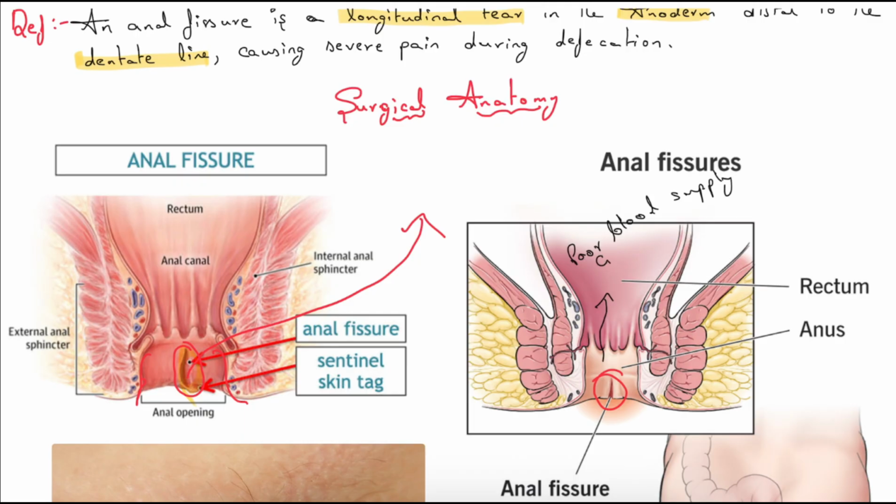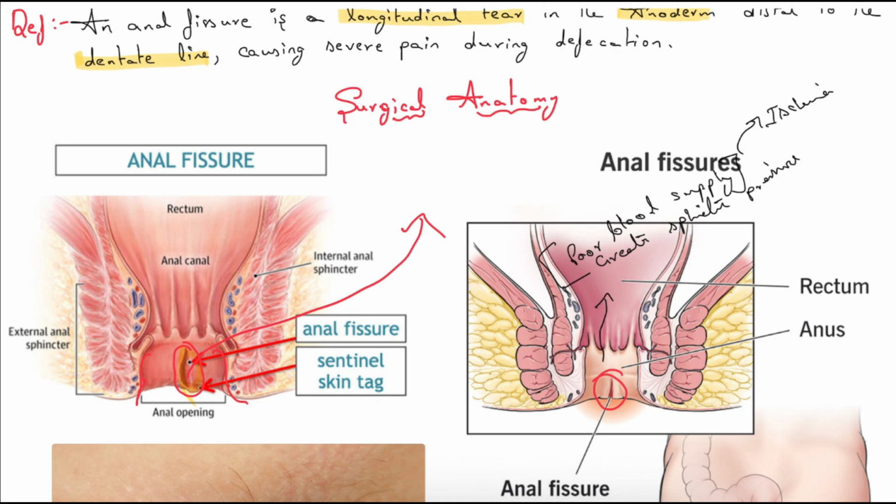Whenever the sphincter is working, the greater sphincteric pressure is mostly seen in anal fissure, and because of poor blood supply it can lead to ischemia.